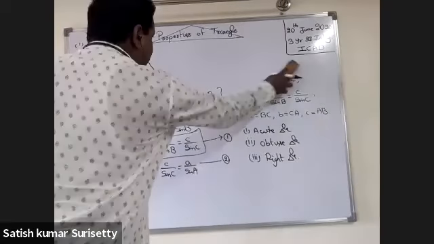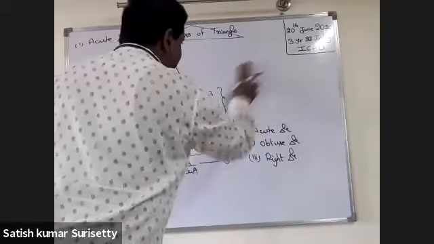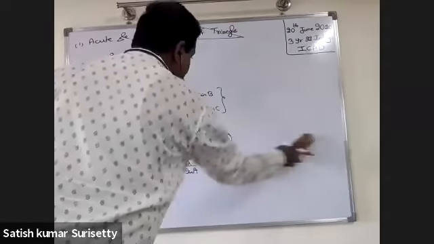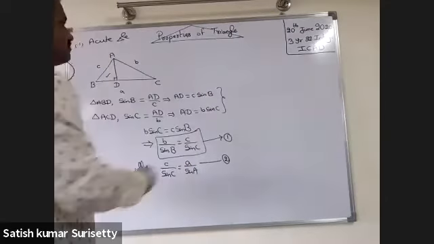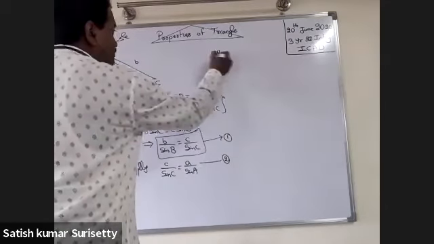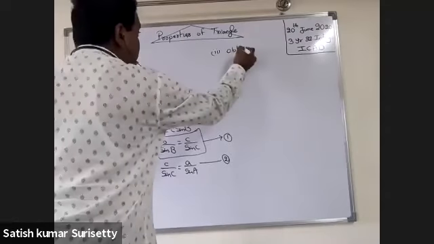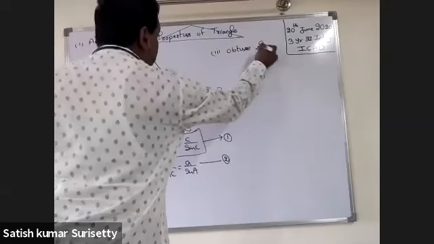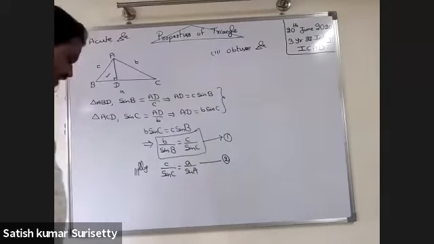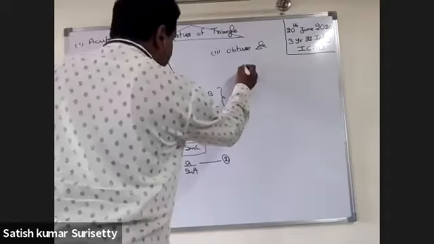Next, second case. Obtuse triangle. Now, what is meant by obtuse triangle? One angle in the triangle is greater than 90 degrees. So one angle must be obtuse.